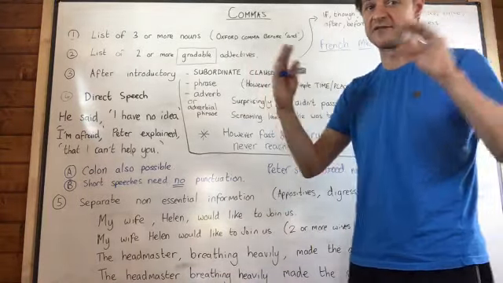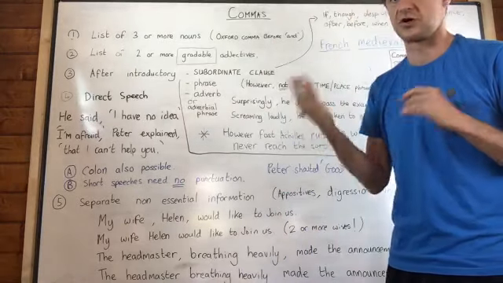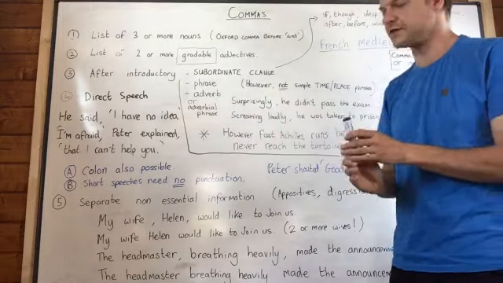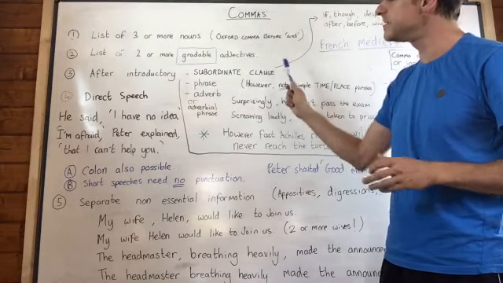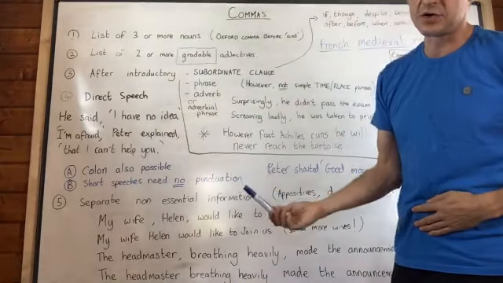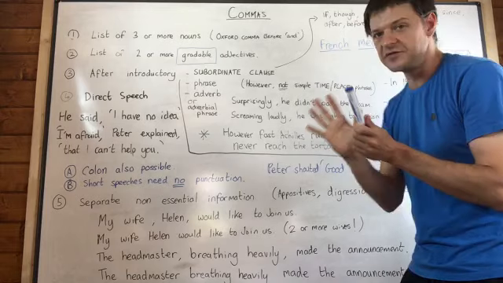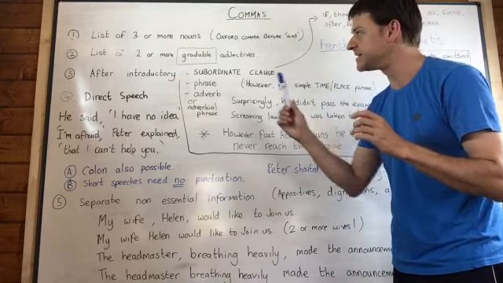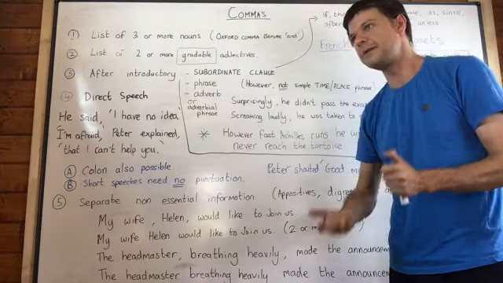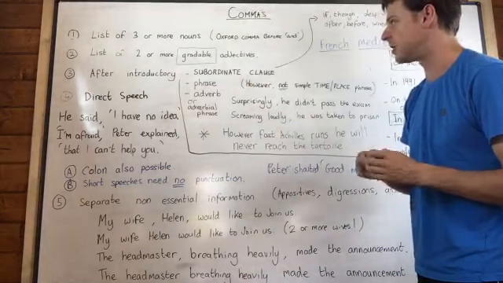Compound sentences have two independent clauses, very often joined by a coordinating conjunction. But a subordinate clause is not a complete thought. So if the subordinate clause comes at the beginning, then you need a comma. However, quite often you'll see the writer miss this comma, and in my opinion it's a mistake. If you start with a subordinate clause, you really do need the comma.